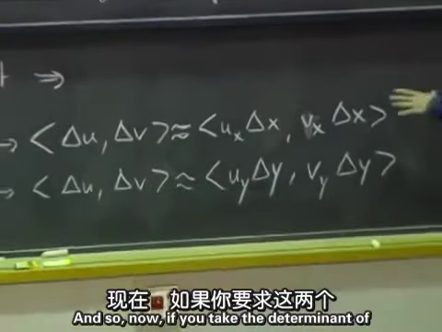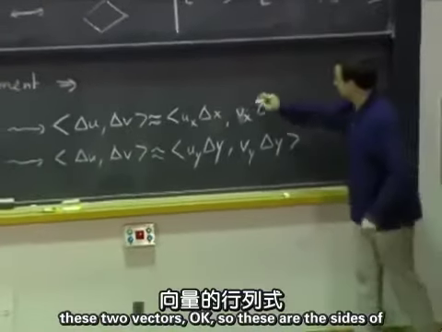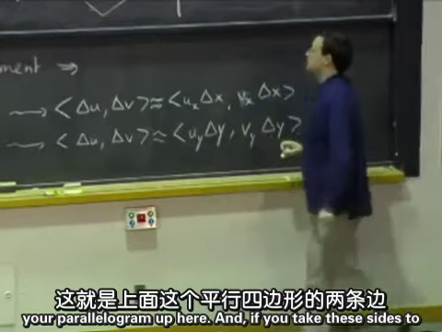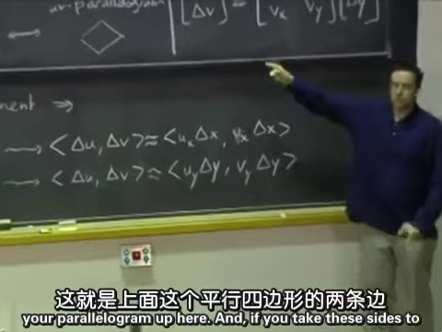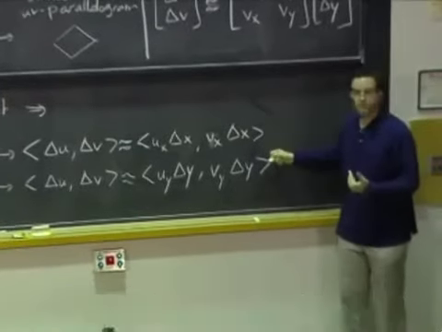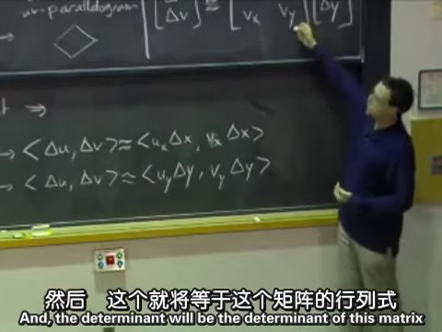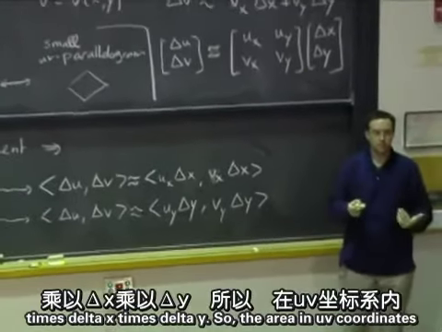Now if you take the determinant of these two vectors, which are the sides of your parallelogram, you get the area of the parallelogram. The determinant will be the determinant of this matrix times delta x times delta y.